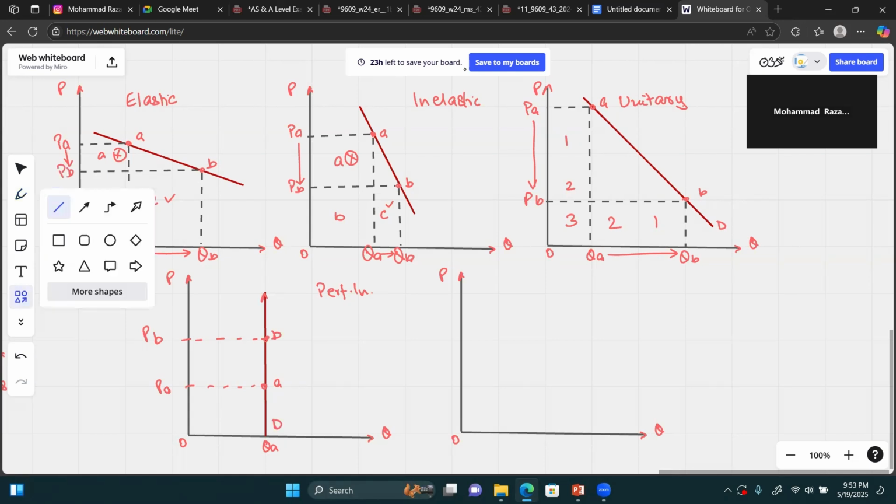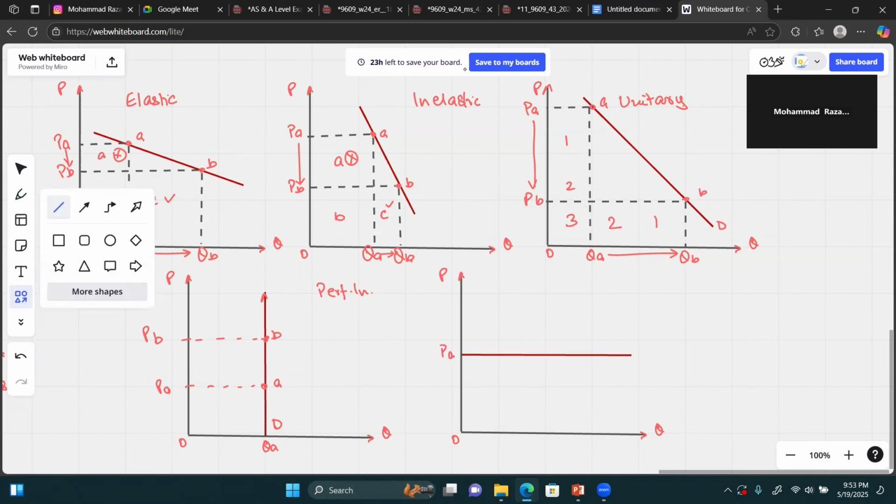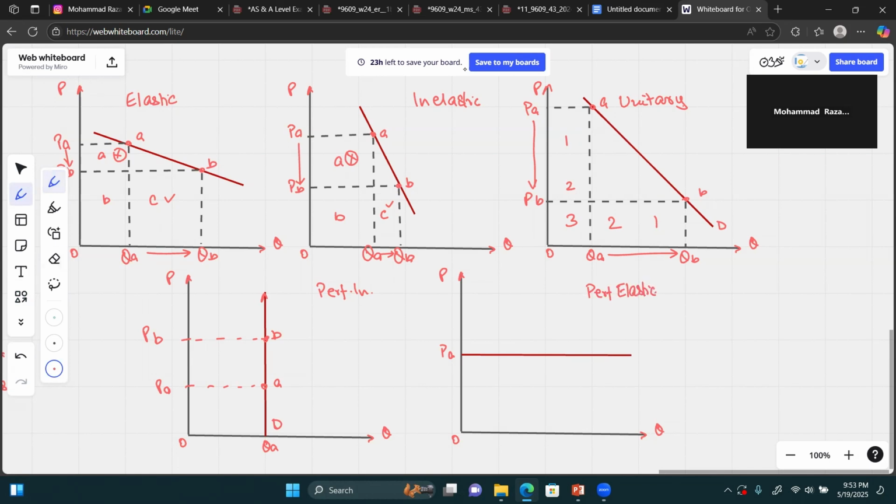Now, how do you show a perfectly elastic demand curve?